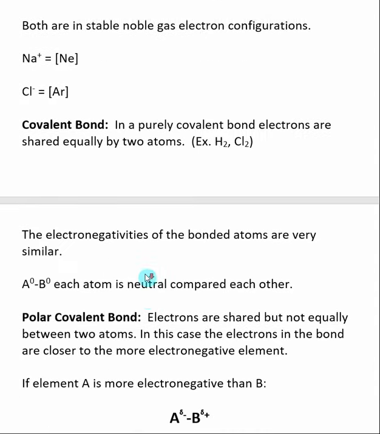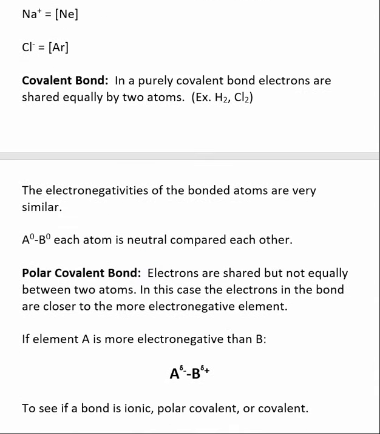The next type of bond is called a covalent bond, and here electrons are being shared. There's literally an interaction between the two atoms involved in the bond where the electrons are being shared between the two atoms. A couple of good examples are H2 and Cl2. We get a covalent bond when the electronegativities of the bonded atoms are very similar.